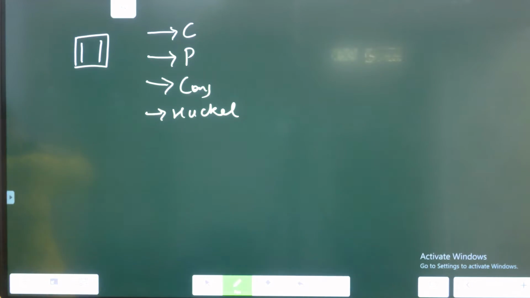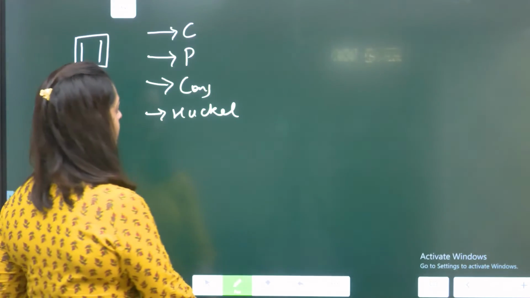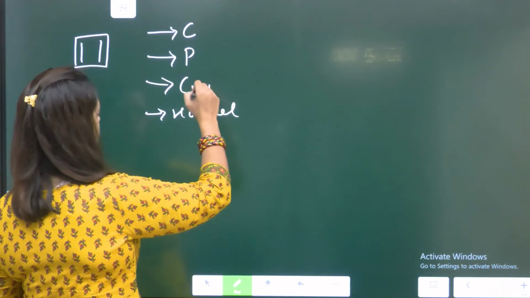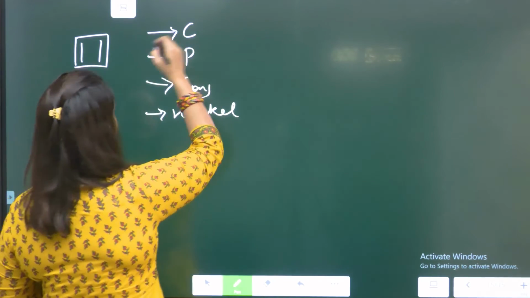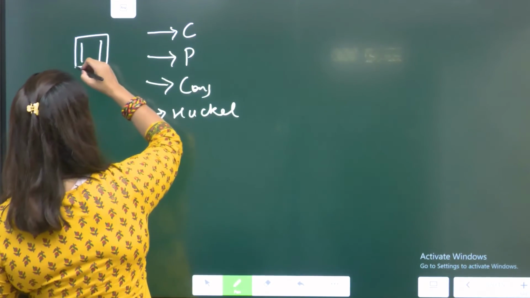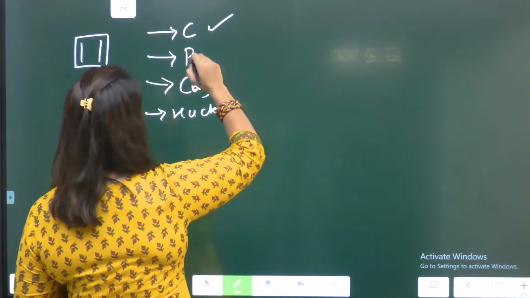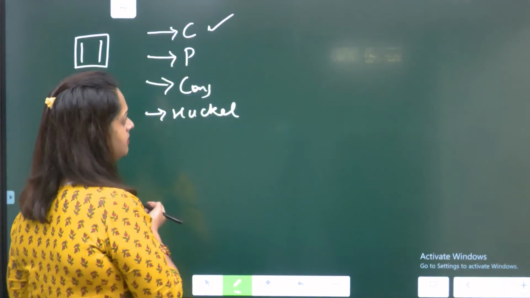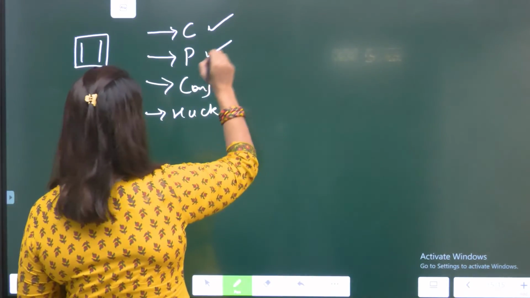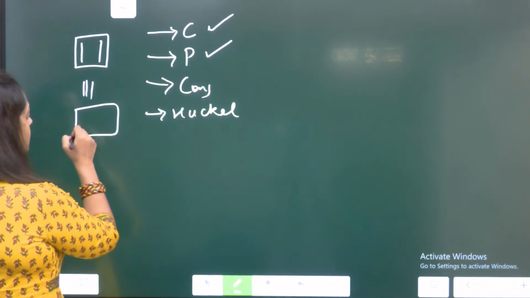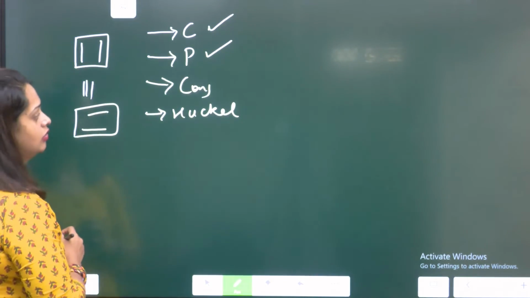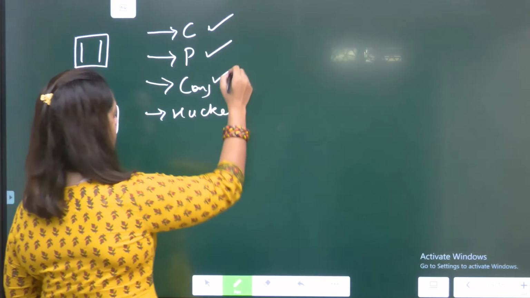Okay, let's try to establish how it does follow cyclic, planar and conjugation and does not follow Huckel's rule. Cyclic means it's a closed ring structure. Yes, it is. Planar means every carbon is sp2 hybridized. Yes, it follows. Conjugated system, this can be represented like this as well. So it has a conjugated pi electron system.